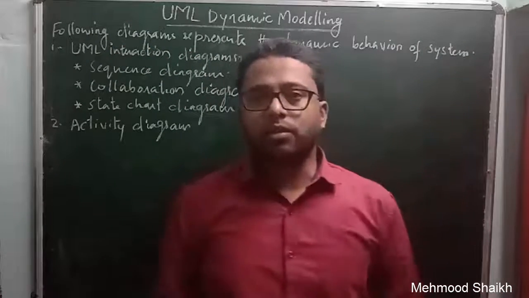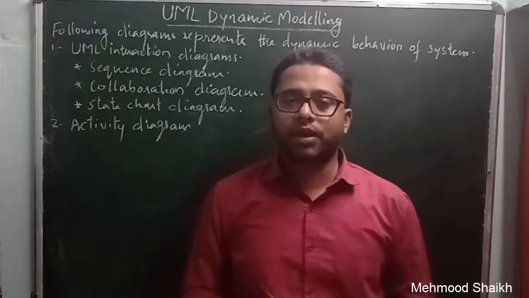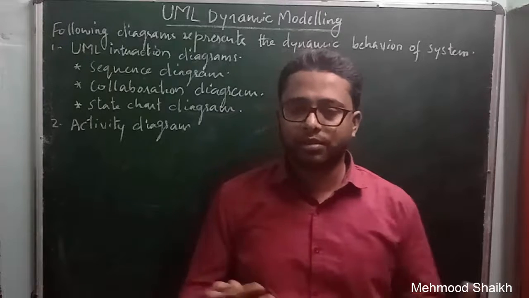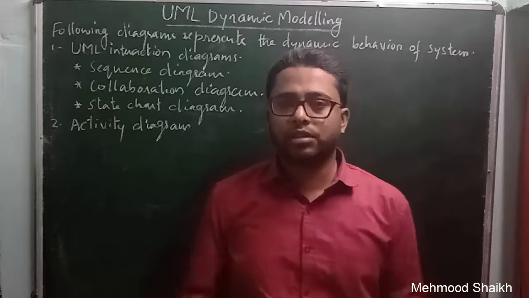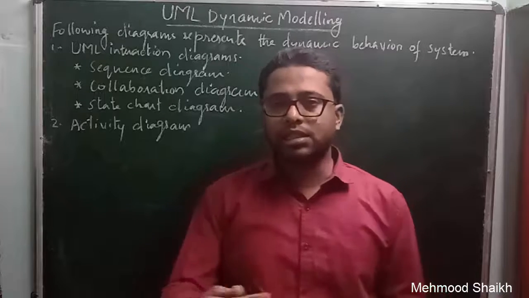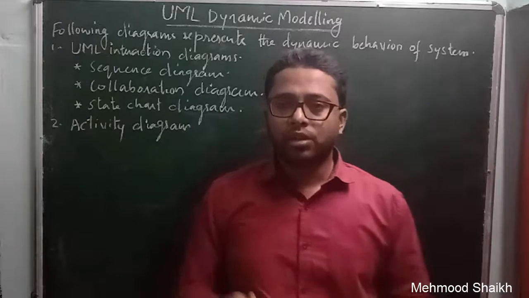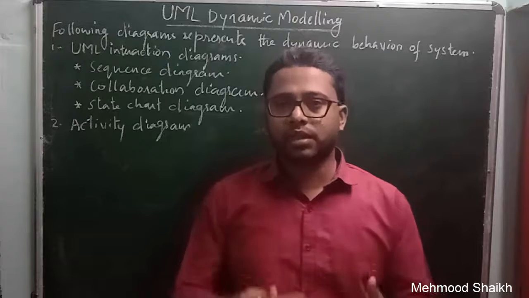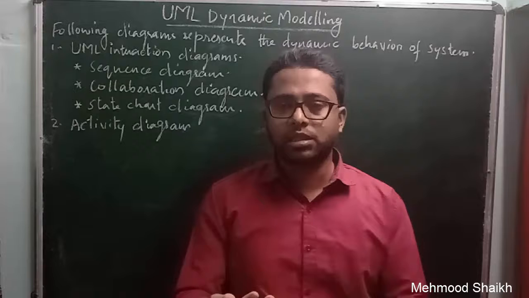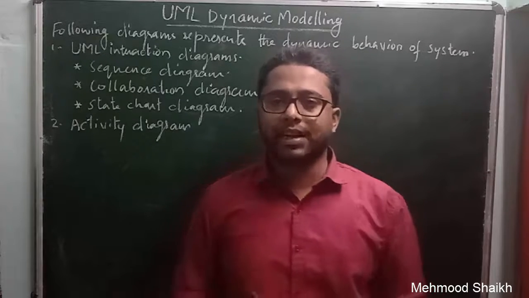Now we have various diagrams available under Unified Modeling Language, like interaction diagrams, activity diagrams, sequence diagrams, collaboration diagrams, and state transition diagrams. We can use these various types of diagrams to analyze and design the system, to understand the behavior of the system, what features we need to include in the system, and how the system is going to interact with the user, and how the user is going to interact with the system.